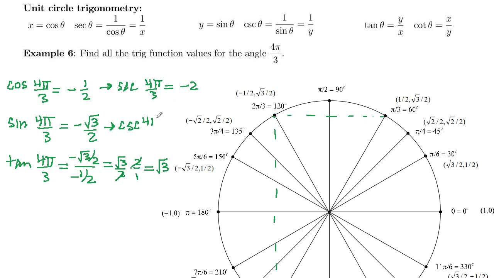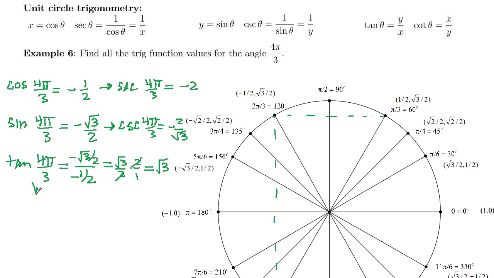So cosecant of 4 pi over 3 is going to be the reciprocal here, so negative 2 divided by root 3. And that's equivalent, if we rationalize the denominator, multiply top and bottom by square root of 3, to negative 2 root 3 over 3. I'll leave it like that.